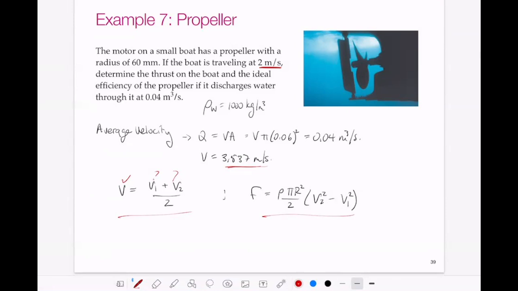Right, so v1 is 2 meters per second. So we can say v2, if we rearrange this, is 2 times v minus v1. So 2 times 3.537 minus 2 is equal to 5.074 meters per second.